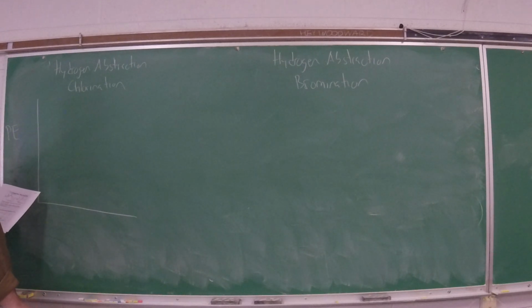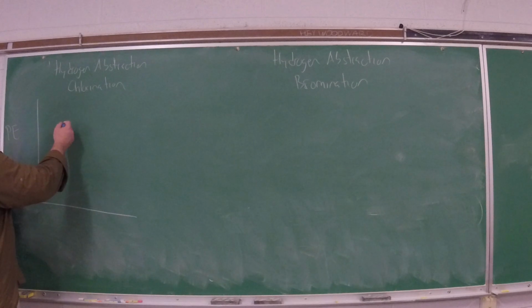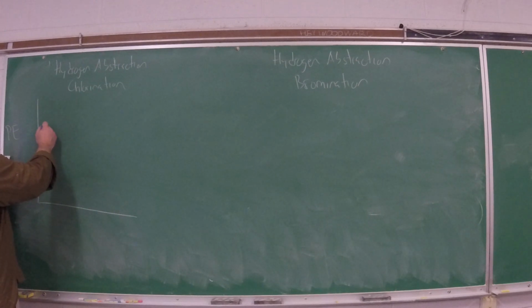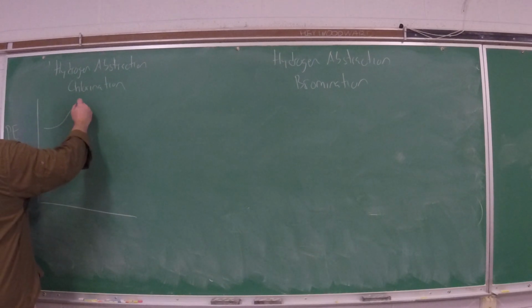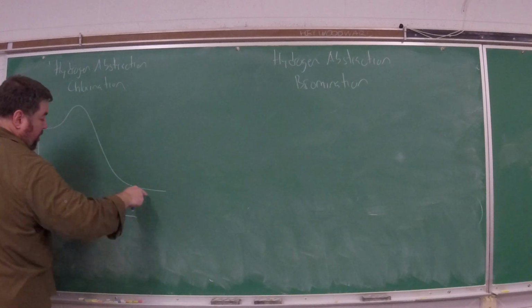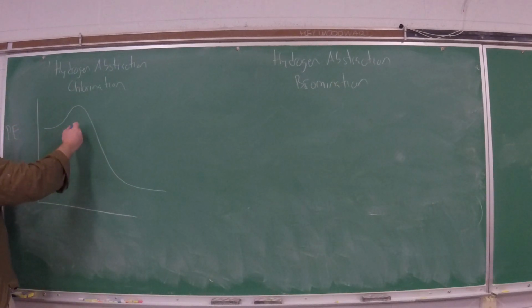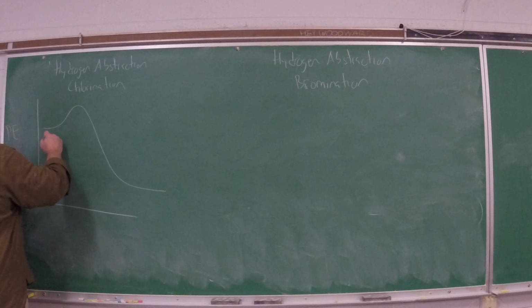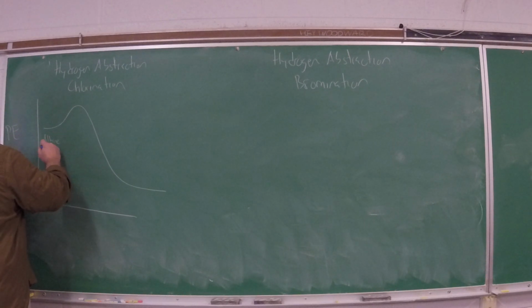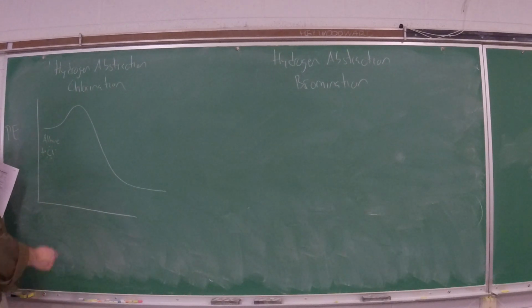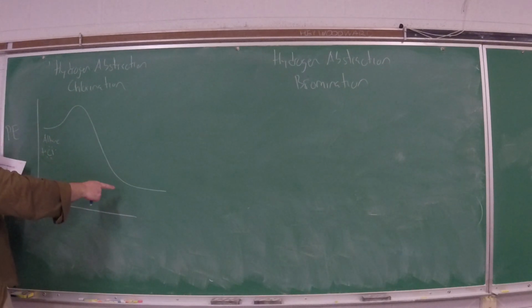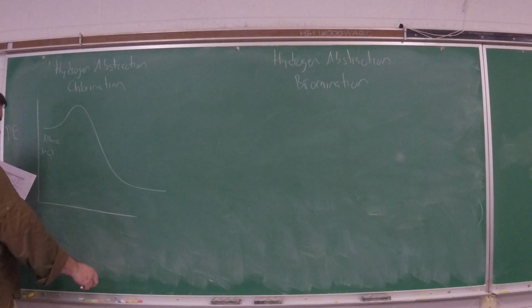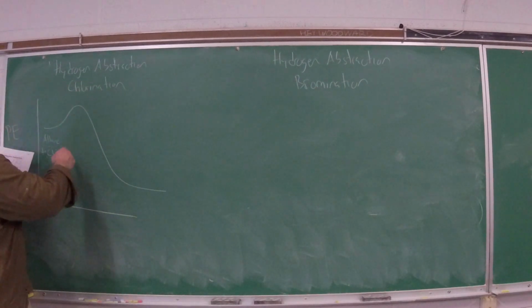So for chlorination, we're going to start up here. Now remember, this one had a bigger delta H. Here's our EA. Here we're going to have our alkane plus our chlorine radical, that'll take the hydrogen off. Whoops, I drew that wrong. Actually, no, I'll leave that one.